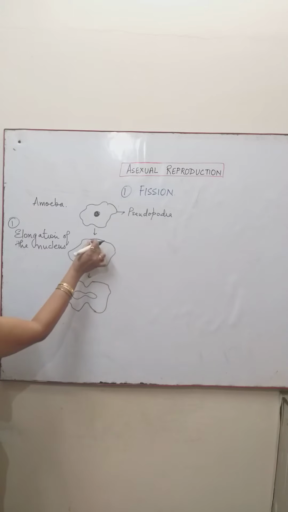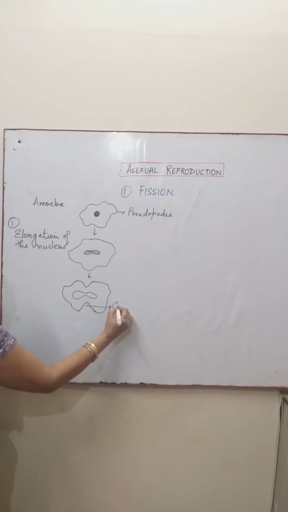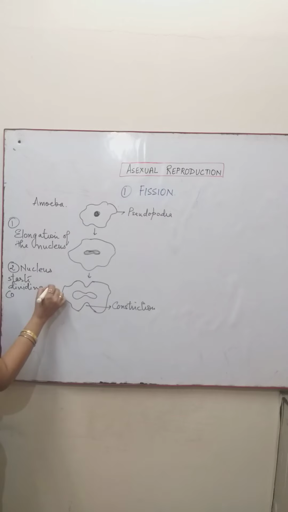It is normal over here, and now it is the constriction. So the second step is the nucleus starts dividing and constriction appears.